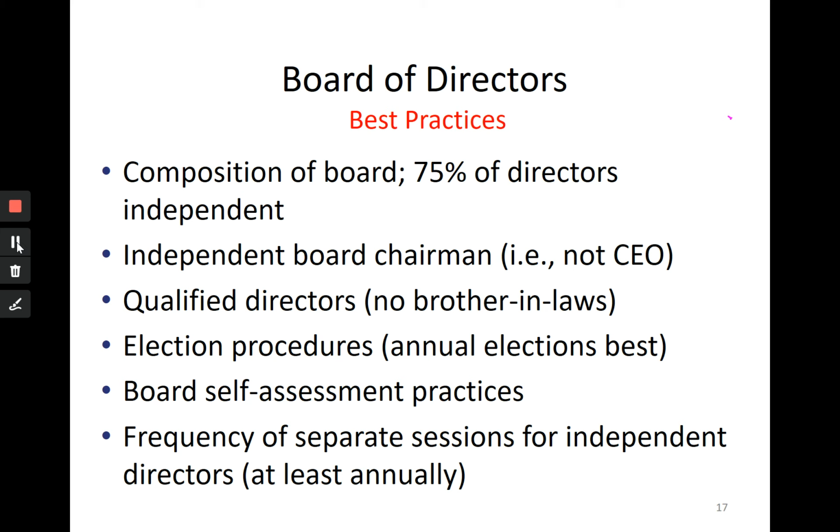Board members should have qualifications as directors. For example, someone having an engineering background for an engineering firm, or a marketing background as a needed skill on the board.